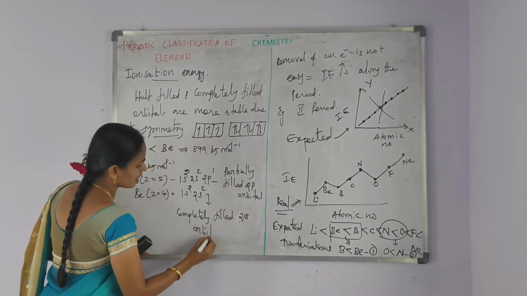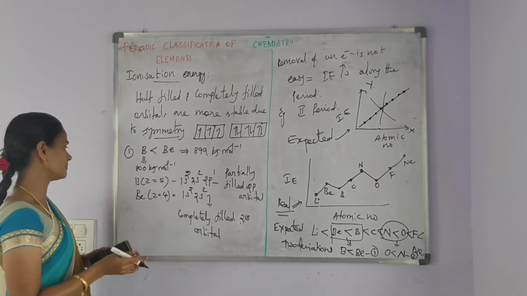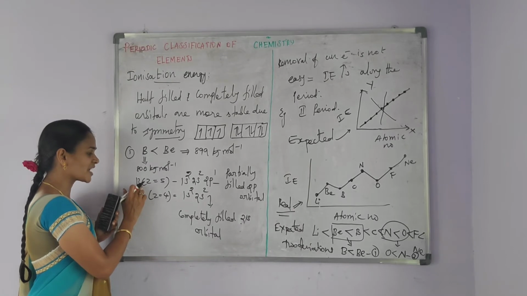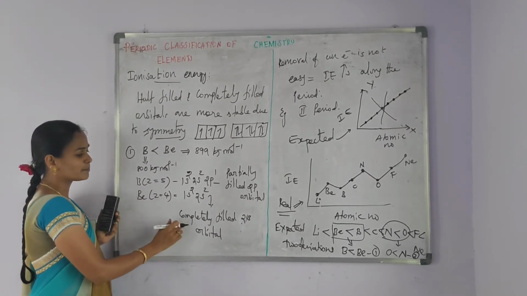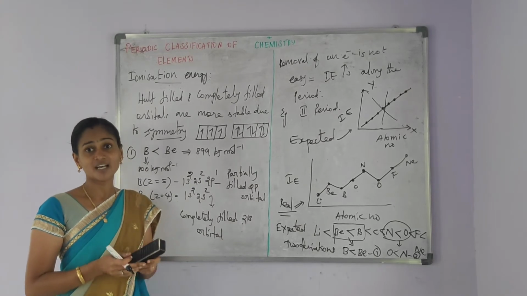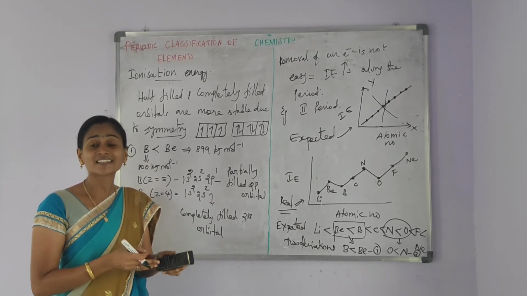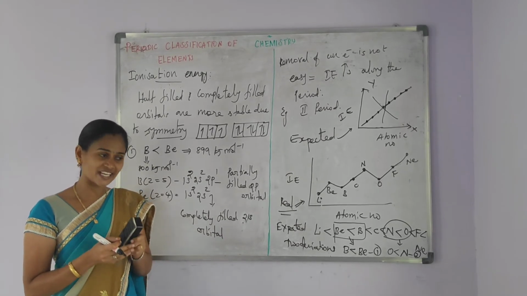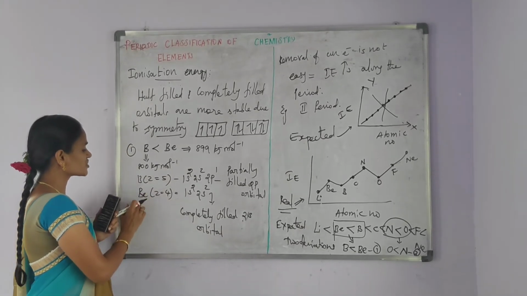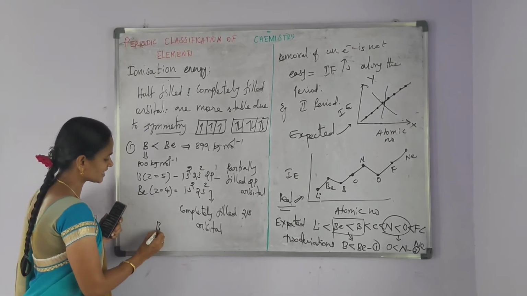Already we know half-filled and completely filled orbitals are more stable. So, comparing with boron, beryllium possesses the completely filled 2s orbital. Removal of the electron is not easy. It requires a higher amount of energy. So, ionization energy of boron is less than beryllium.